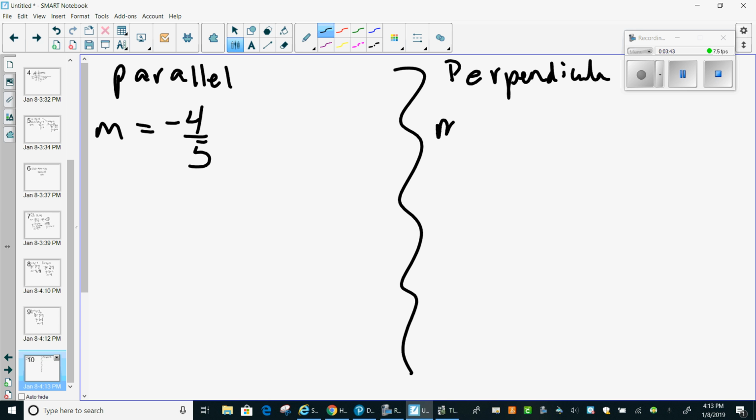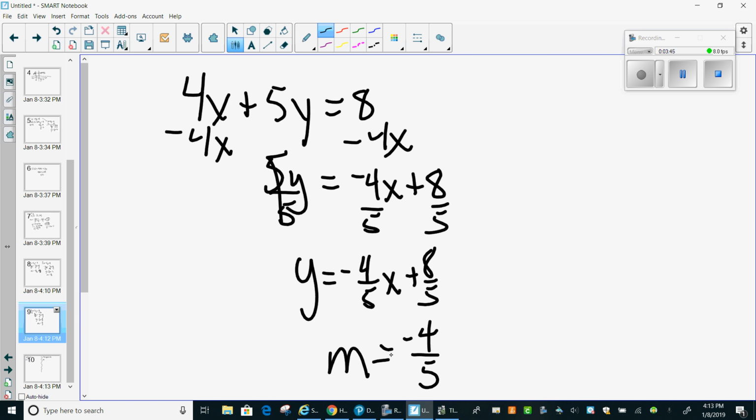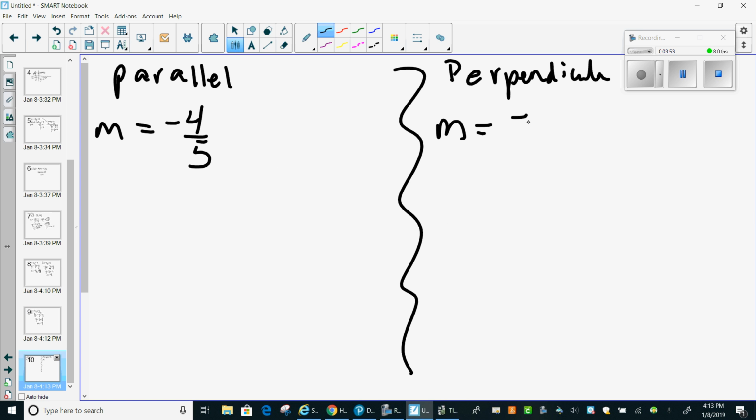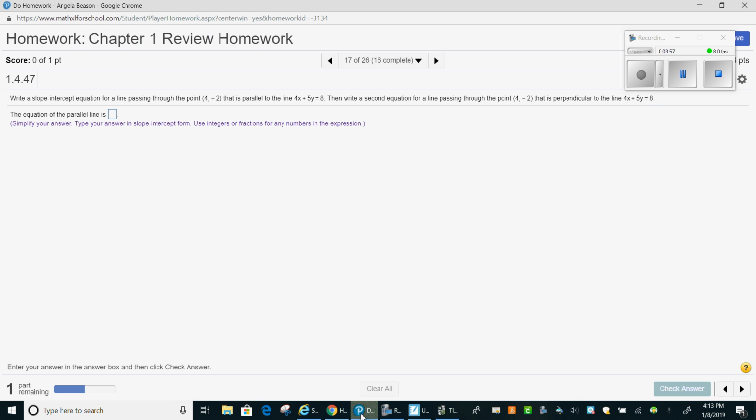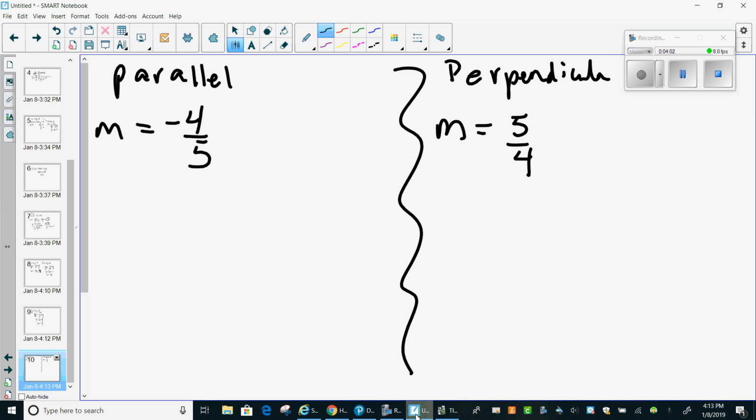For the perpendicular line, if this is the slope of the line they gave me and I want a line perpendicular to that, then I need the opposite reciprocal. So the slope would be positive 5/4. They want me to use the point 4, negative 2 on both of these.